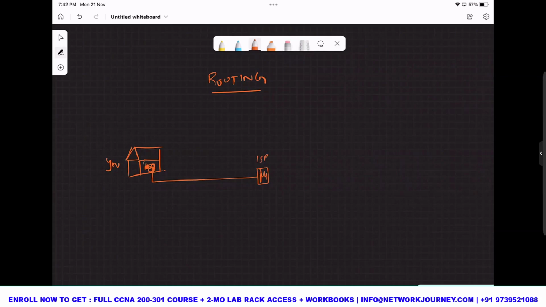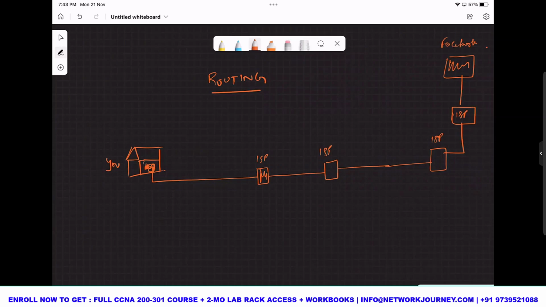That connection would go to another service provider, another region or something. You have the submarine cables, and on the other side you might have various other service providers, and finally it will reach the end destination, which could be Facebook.